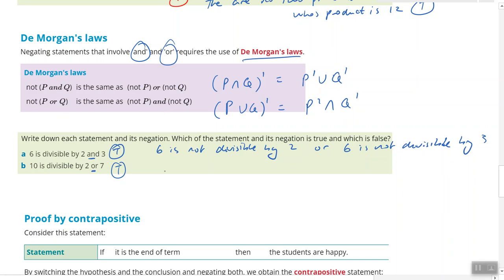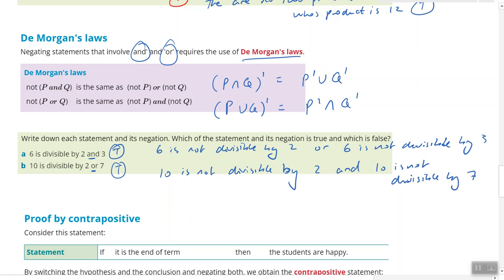So not P. So 10 is not divisible by 2, and 10 is not divisible by 7.